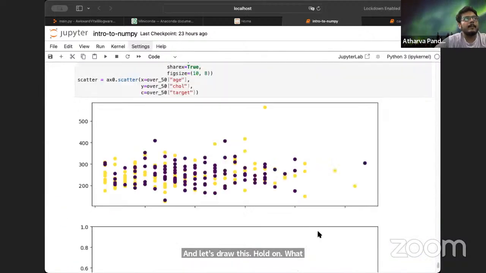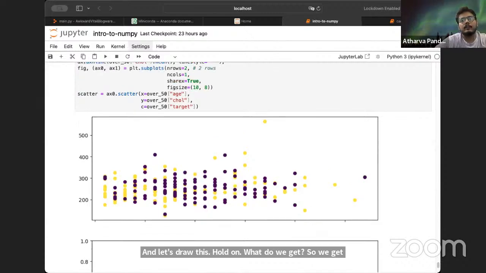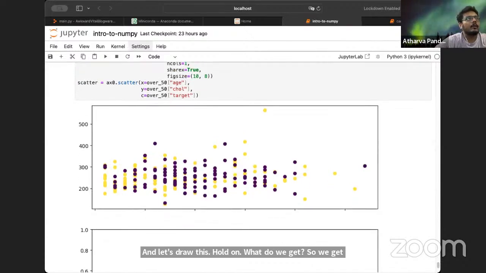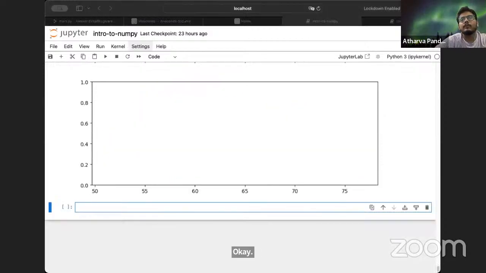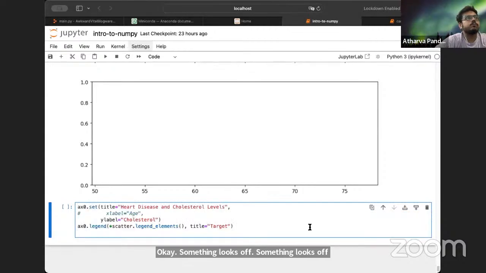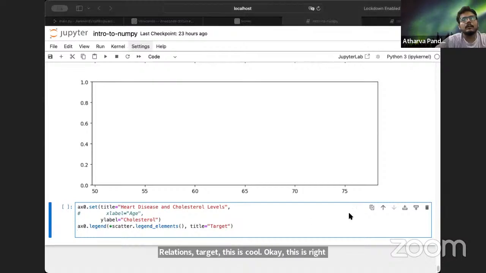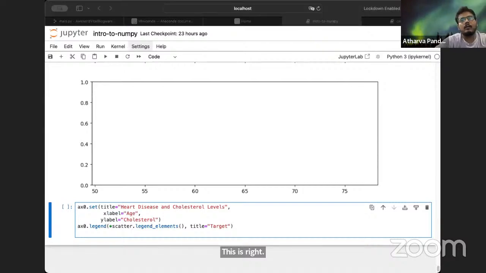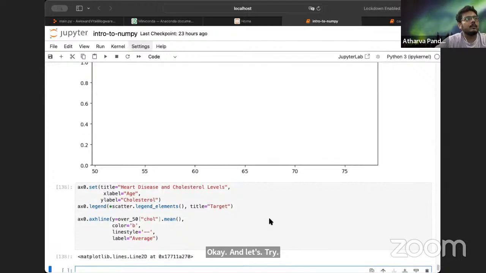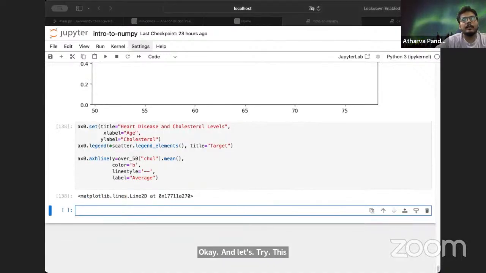What do we get? So we get this. Something looks off. Legend elements, target, this is cool. This is right. And let's try this. Up until this point, this is right.